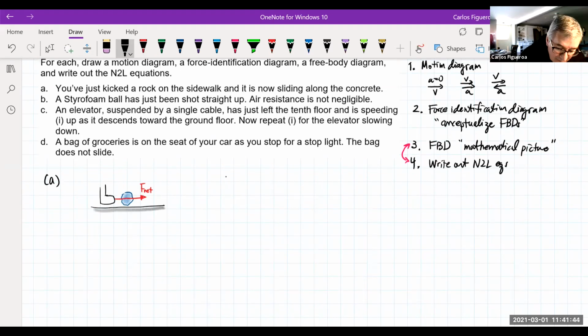So what is the picture that I see? The key here is that it is now sliding along the concrete. So here I have the concrete, and now I have the rock that's moving in this direction. In other words, it has some velocity in this direction.